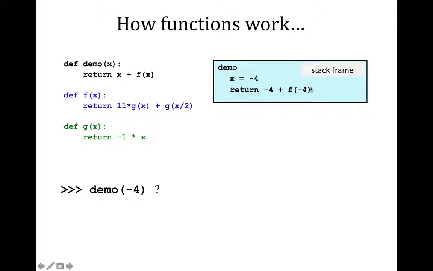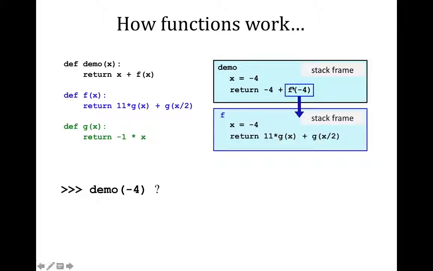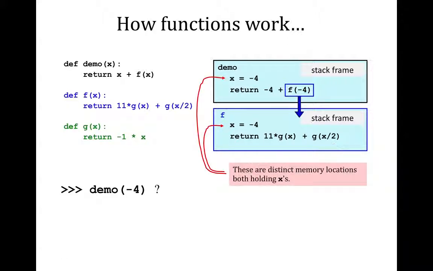Well, shoot, I don't know what f of -4 is, so let's keep going. And so what happens is that the call to f is now on the call stack. x is still -4, and it's going to return 11 times g of x plus g of x divided by 2. All right, let's keep going. So what I notice here on the call stack is that the x for the parameter in demo and the x for the parameter in f are distinct variables on the call stack.